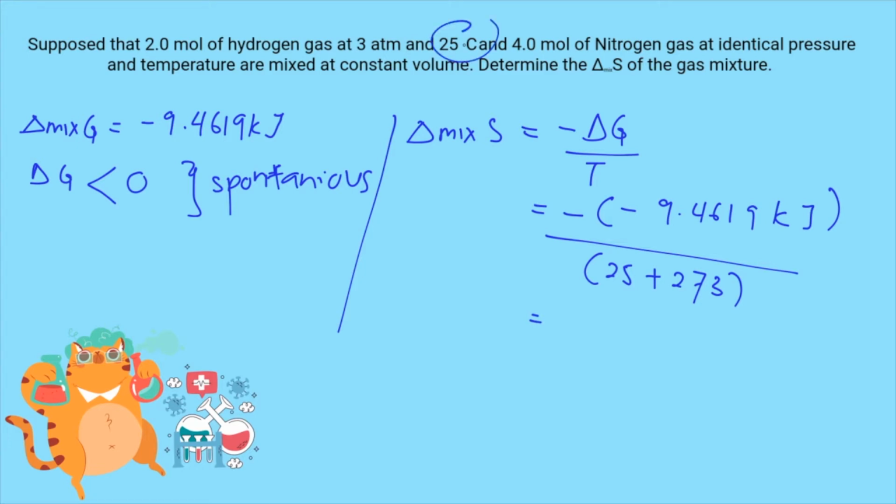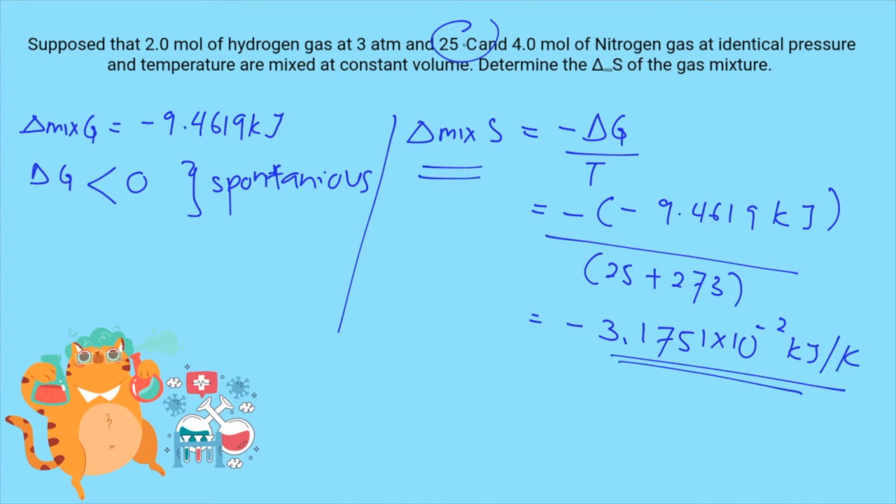So you shall get negative 3.1751 times 10 to the power of negative 2 kilojoule per Kelvin. So this is the final answer for your delta mix S.